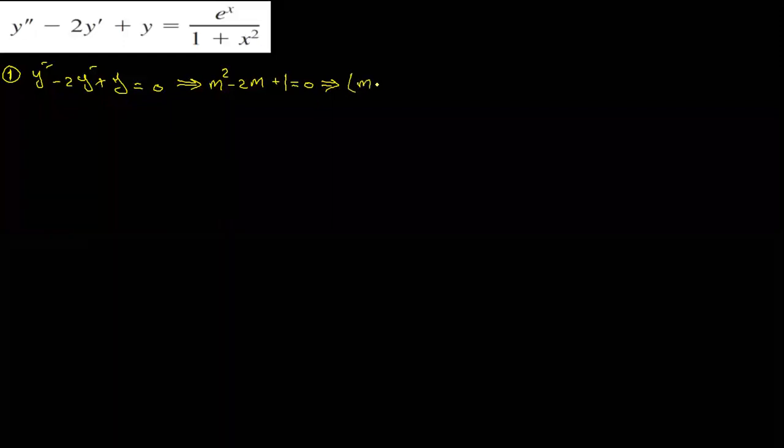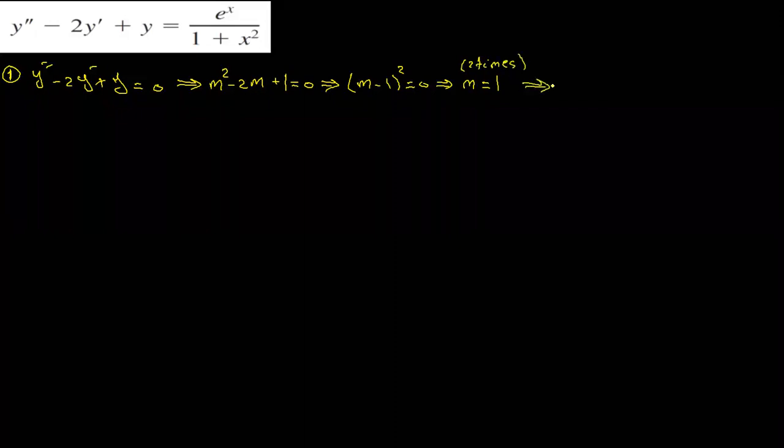I don't have a calculator, but I guess it's like m minus 1 all to the power of 2. Yes, great, m minus 1 all squared, so it's an identity equals 0. So your m is 1. And repeated. M equals 1, great. So you have to write here it's repeated 2 times. Okay.